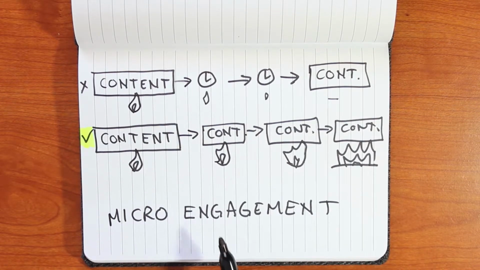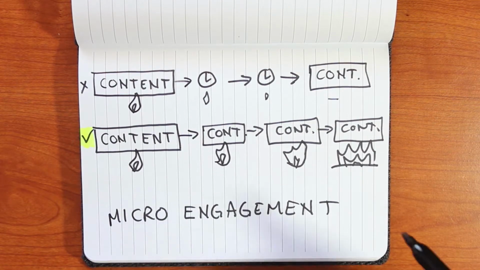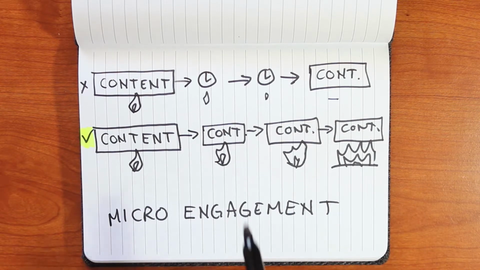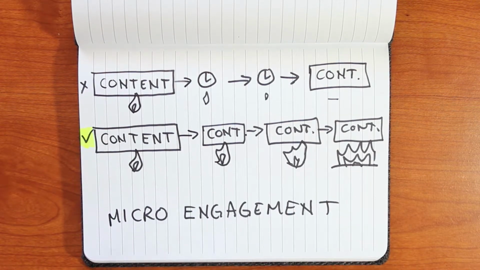But the whole idea behind micro-engagement is that you're building trust, building a relationship with your audience. And the reason this works is because you're initiating, or you're encouraging your audience to initiate some sort of action or behavior, albeit often a tiny behavior, like clicking on a link or even liking a photo. It's a tiny behavior that a lot of us probably don't even think twice about.